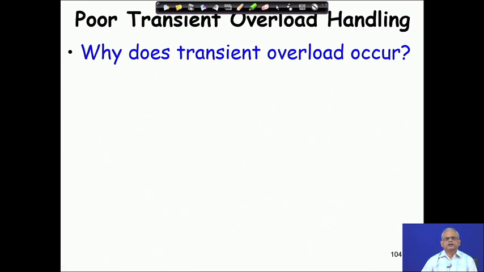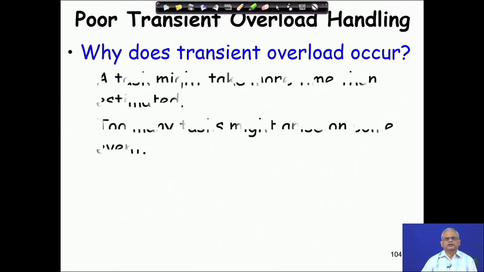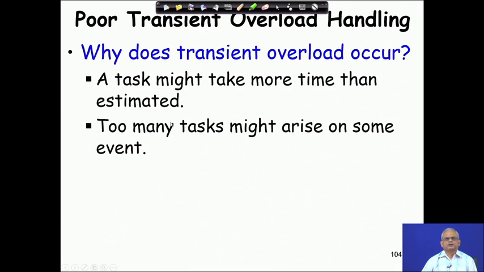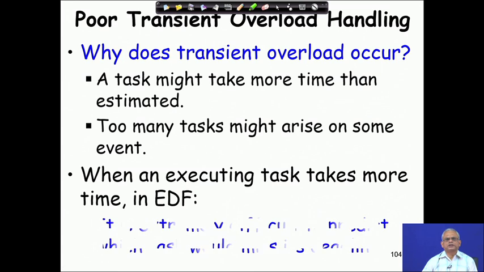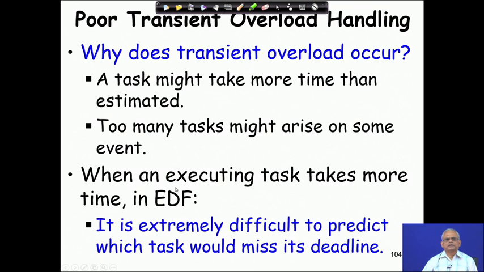Let us understand why transient overloads occur in a system. A transient overload occurs when a task takes more time than it is estimated, or maybe too many tasks arise at some time instant. So, when an executing task takes more time in EDF, it becomes difficult to predict which task could miss its deadline.